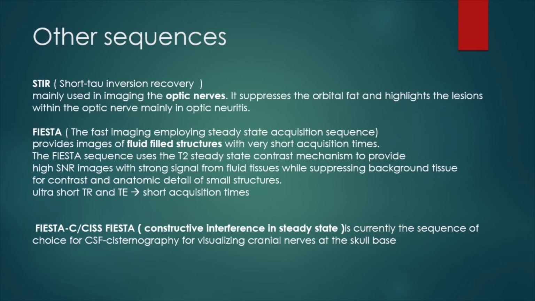If you want to image only the subarachnoid course of the cranial nerve, it is surrounded by fluid, so the nerves stand out against a bright fluid, and you can pick up any pathology along the cranial nerves. So in ophthalmology, we use this primarily for hemifacial spasm to pick up the neurovascular conflict, and for other cranial nerves to see the subarachnoid course.